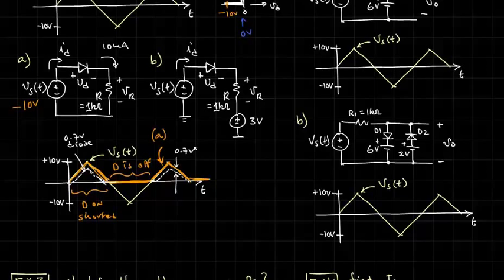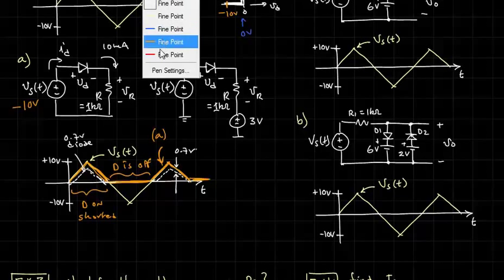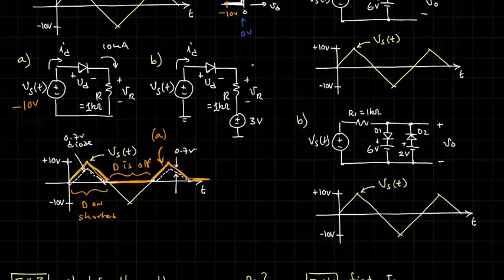Okay, now let's look at part B of this first problem, where we have the same circuit, but there's a 3 volt voltage source. In that case, let me draw this in red here. So we'll look at VR in red. Let's consider the case where we have plus 10 volts.